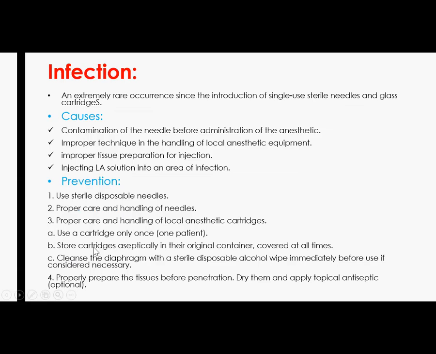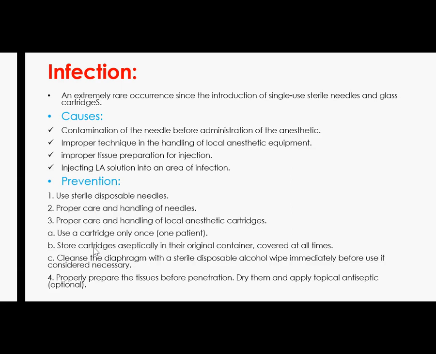Infection, as I told you, happens mainly if you are not following an aseptic technique. An aseptic technique means that you have sterile needles, no bacterial contamination in the area, and you are not injecting into an infectious area. If you have an abscess, you should not inject in that area. When you try to avoid these things, you can always avoid infection in that area.